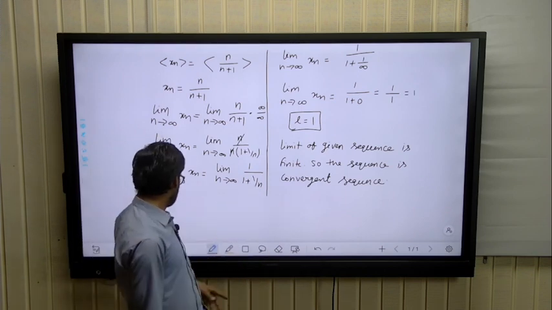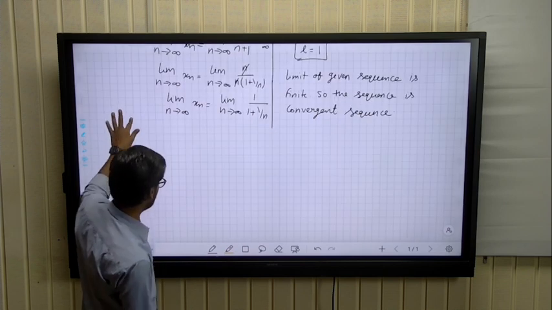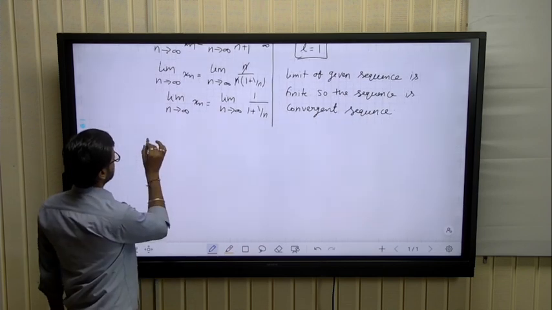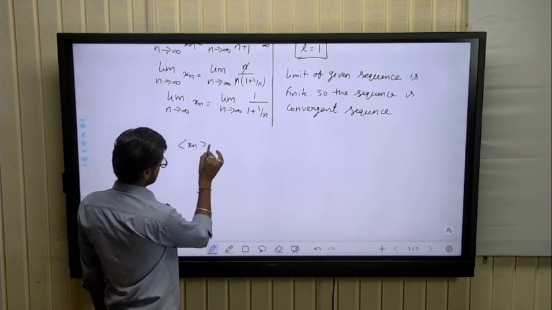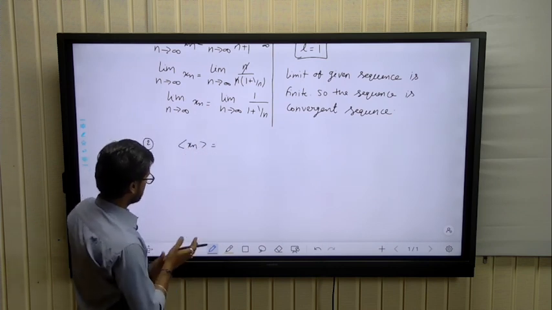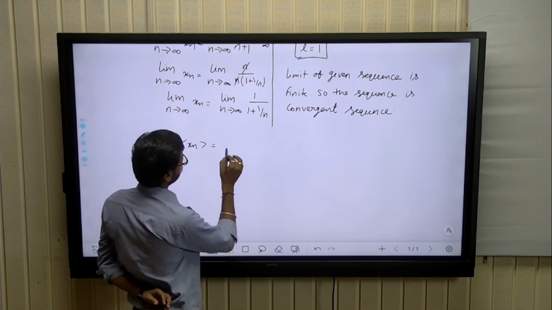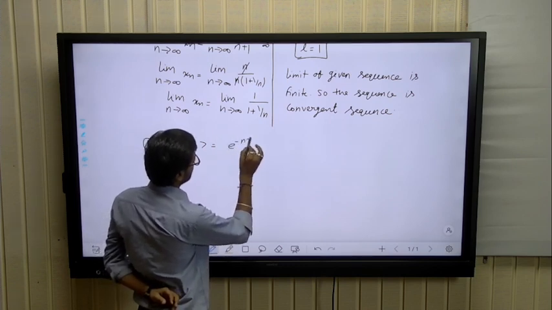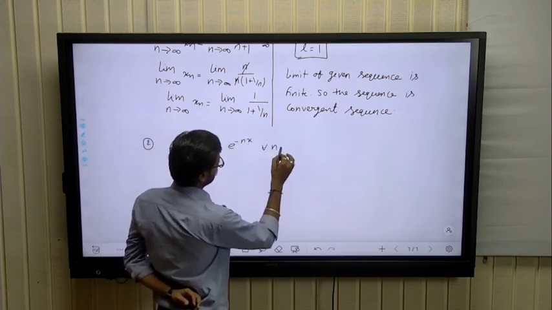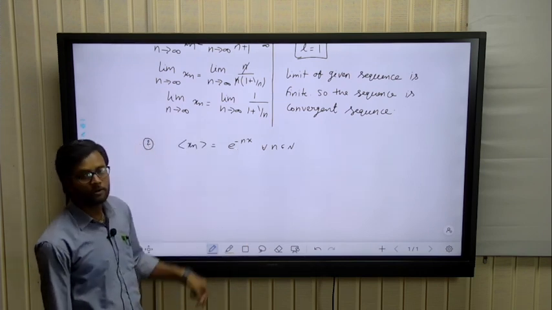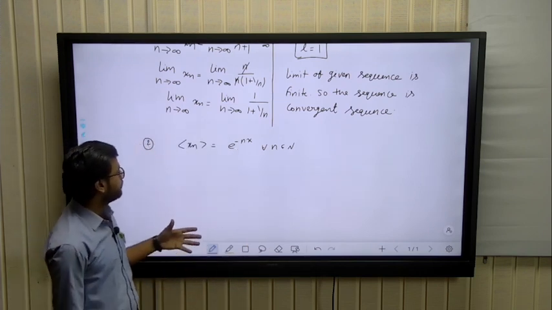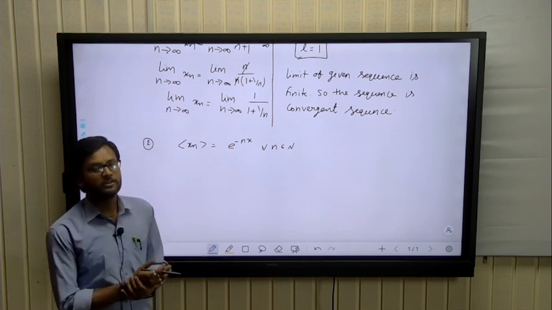Now we give the second and last example. The second example is: let the sequence be e to the power minus n x for all n belonging to N. Here the sequence is e to the power minus nx. Now we check whether this is a convergent sequence or not.